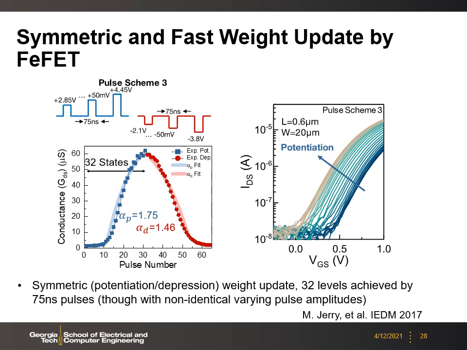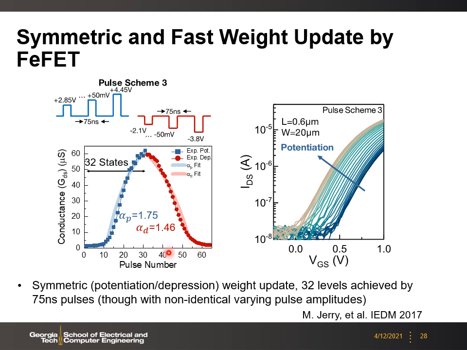Using this device, we demonstrate the symmetric and fast weight update. As you can see here, we apply the pulsing scheme with varying pulse amplitude, but with a 75 nanosecond pulse. So we can potentiate the device's conductance following this trajectory, and then we can depress the conductance following this trajectory.